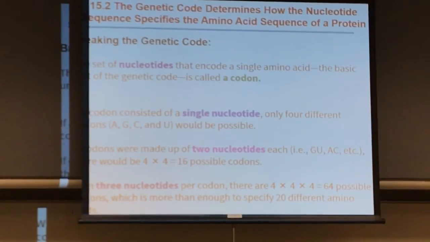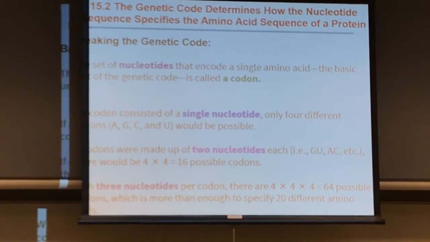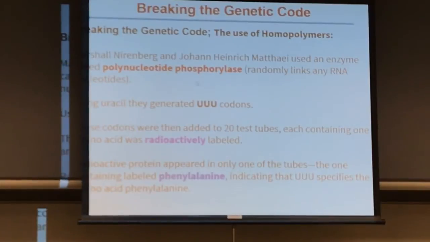So more than one codon is actually carrying the same amino acid. This gives you the concept of something called degeneracy of the code. Understand that? The genetic code is considered degenerate because more than one codon codes for the same amino acid.